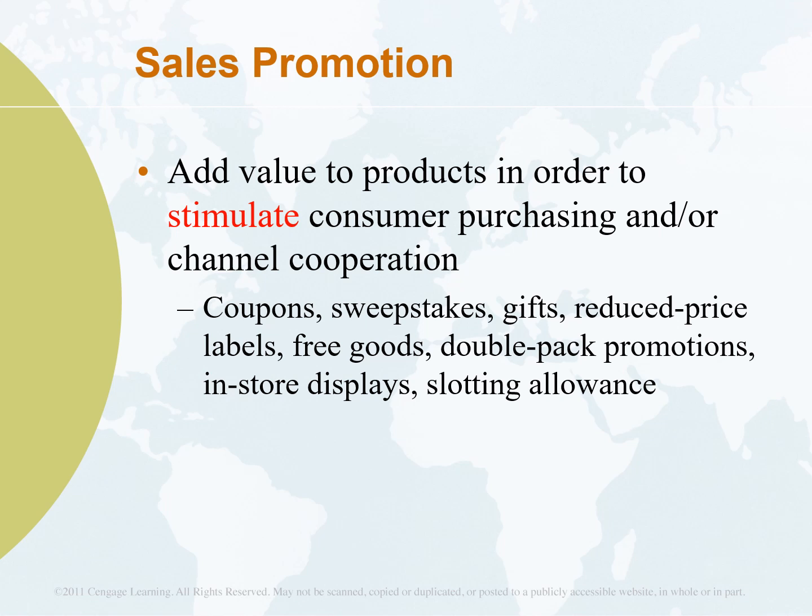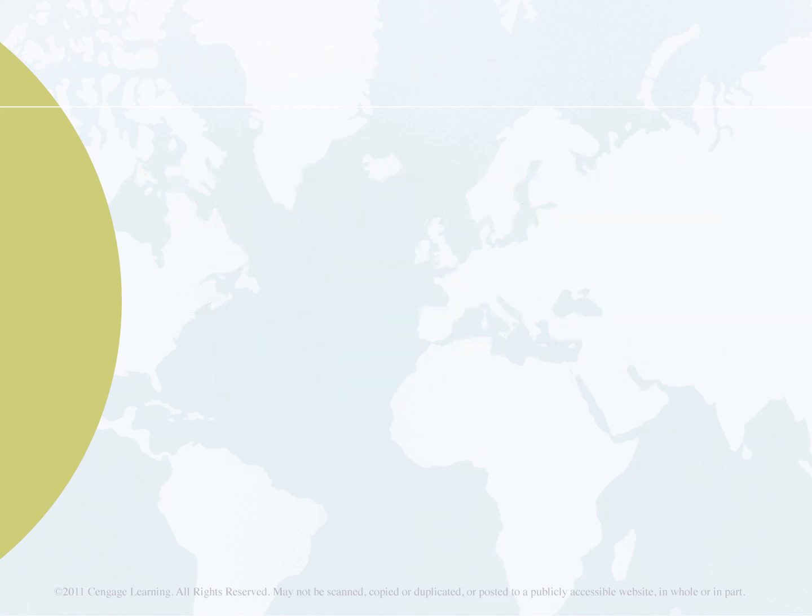You want to add value to the products. You can use coupons, sweepstakes, gifts, reduced price labels, free goods, freebies, double pack promotions, in-store displays, slotting allowances, etc. You can use all these.